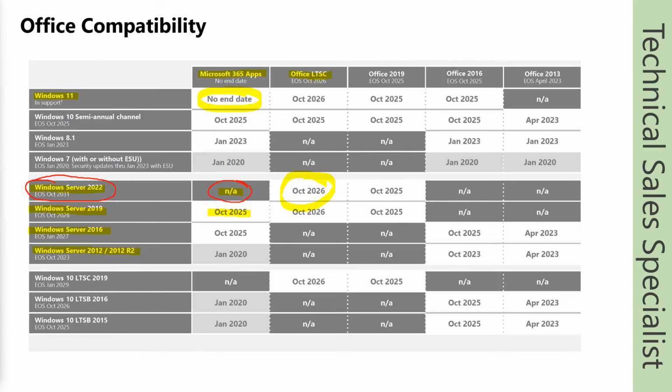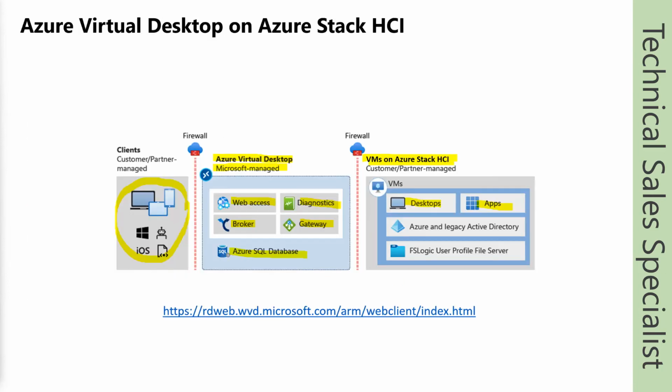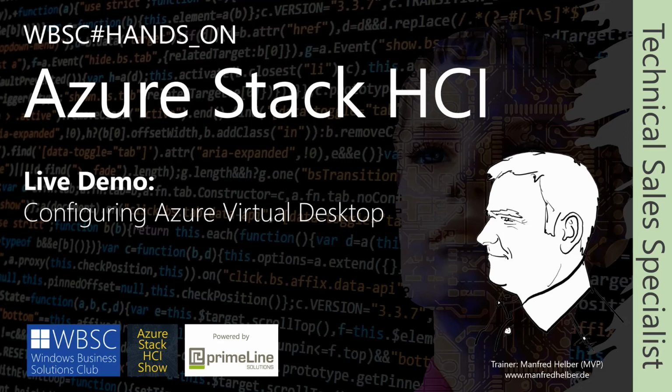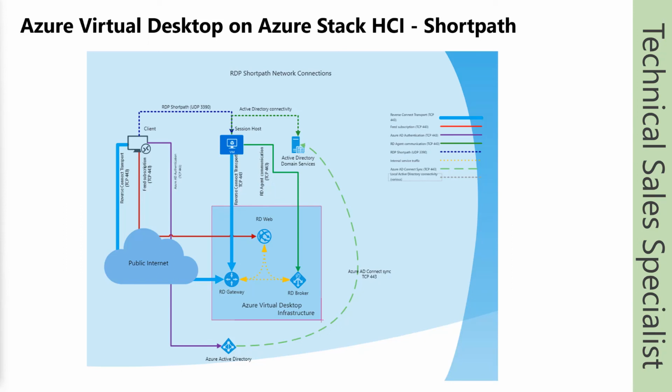In Azure Virtual Desktop, in Azure and on premises, it doesn't matter if you have Azure Virtual Desktop on Azure Stack HCI or Azure Virtual Desktop in the Azure data centers, you always are free in the choice which operating system you use for the desktops, servers, clients, for sure only supported versions, and you also can provide apps. So we have seen the configuration of Azure Virtual Desktop in the most important steps. We have seen the user experience. Now we come to a very, very important point for Azure Virtual Desktop on Azure Stack HCI.